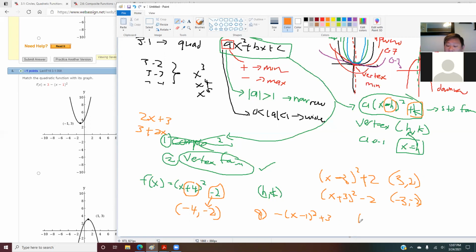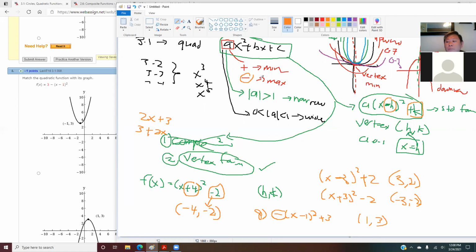So can you tell me what is your vertex in this case? Would it be 1 and then 3? Yep, so your vertex will be 1 and 3. But this negative, if you remember, what happens when your a is negative?